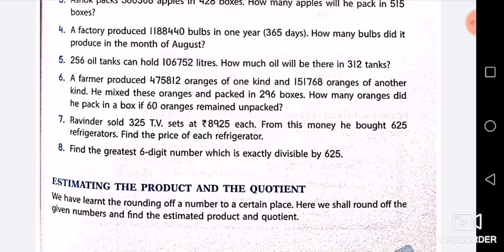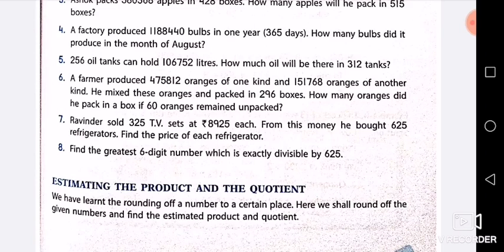Capacity of 256 oil tanks has been given to you. You have to find the capacity of one oil tank, and whatever capacity of one oil tank you get, that will be multiplied by 312 tanks. Quite simple. First we will do division and then multiplication.